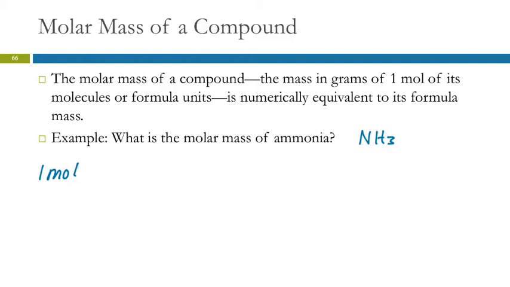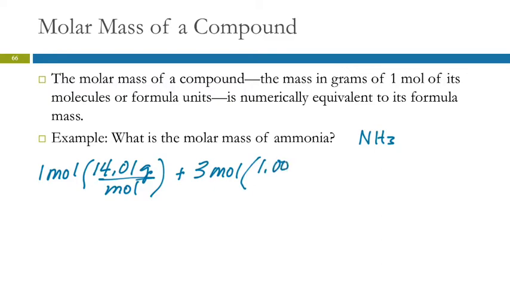So 1 mole of nitrogen atoms, and nitrogen atoms weigh 14.01 grams per mole, and there are 3 moles of hydrogen atoms in 1 mole of this compound, and hydrogen atoms weigh 1.008 grams per mole. And so you can cancel those out.